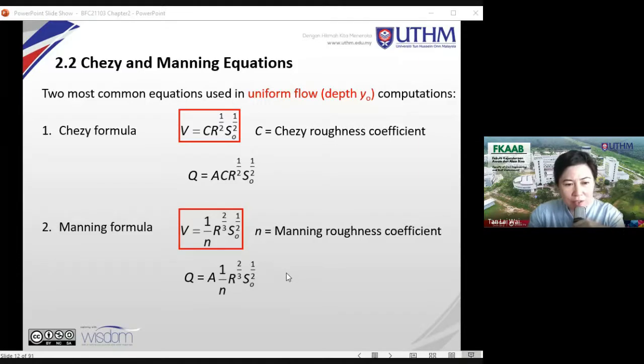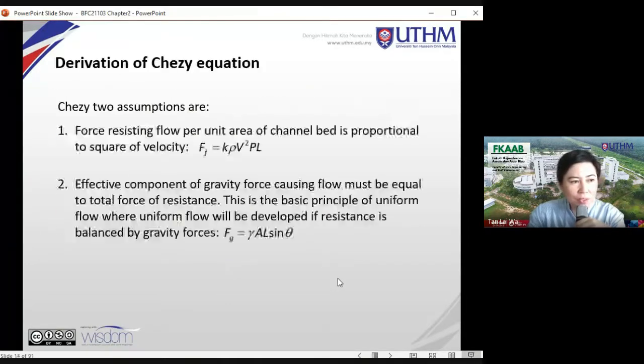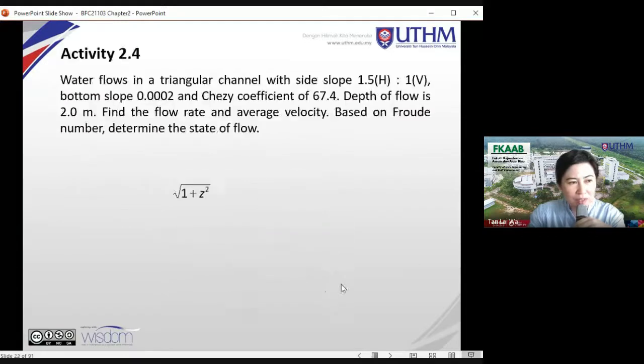Same thing as the Manning formula. Depending on whether you need to find the rate of flow, you just use the bottom one. Or if you want to find the velocity of flow, you can just use the one without the flow area term, all right? Now, this is what we looked at last week.